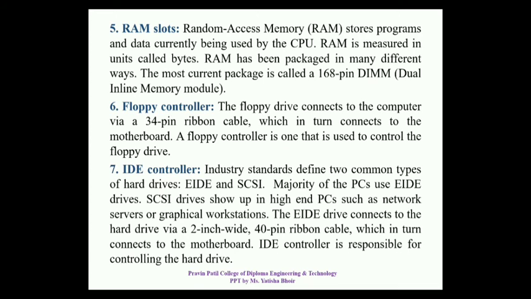Now we know what a hard drive is. A hard drive is used to store data or information, right? So industry standard defines two common types of hard drive, EIDE, Enhanced Integrated Development Environment, and Small Computer System Interface. The majority of PCs use EIDE drives.